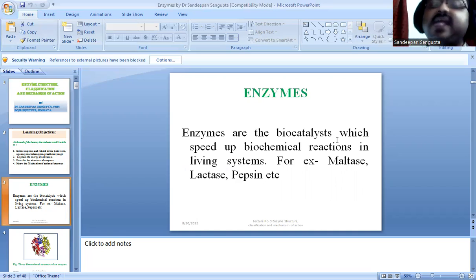Enzymes are well connected with almost every biochemical phenomenon and every physiological process occurring inside our body, be it digestion, absorption, conduction of nerve impulse, or contraction of a muscle. Every biochemical activity or physiological process involves the activity of an enzyme and is accelerated by an enzyme.